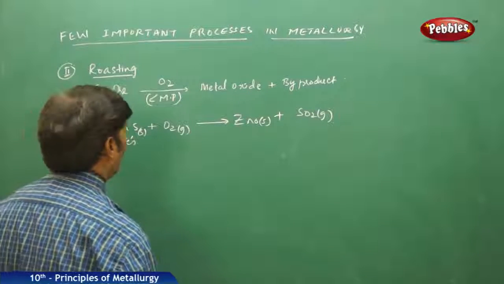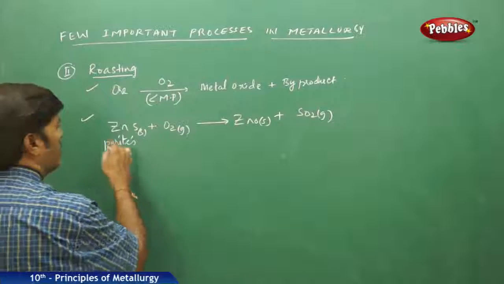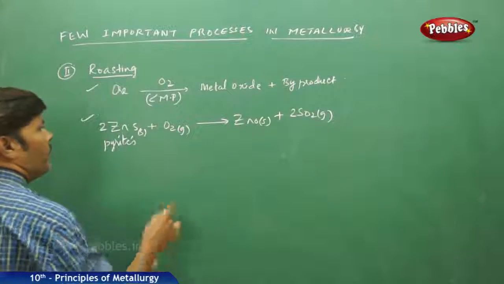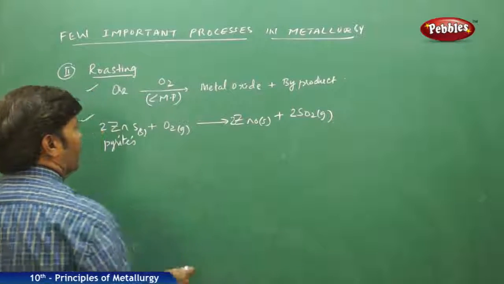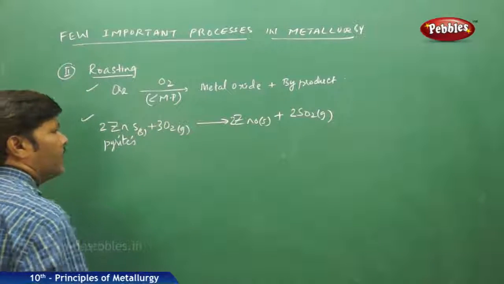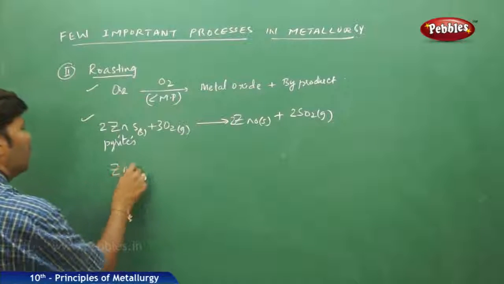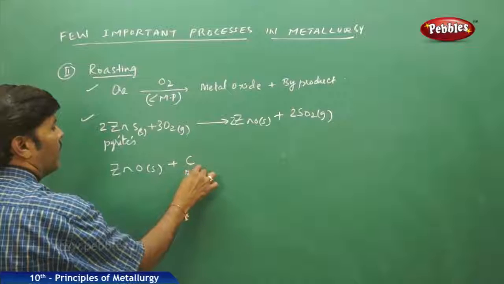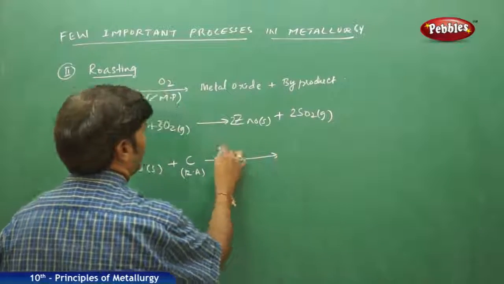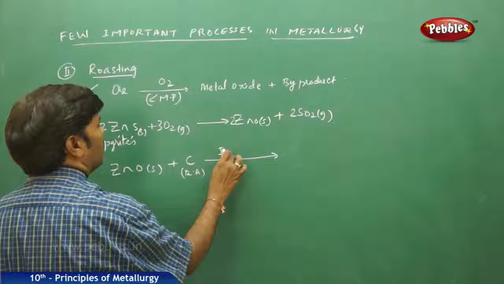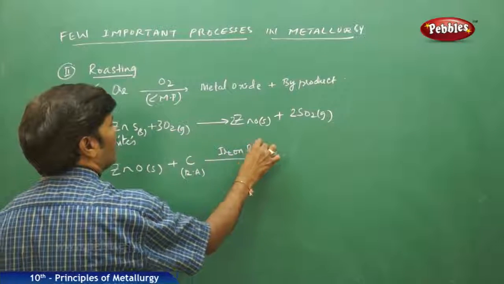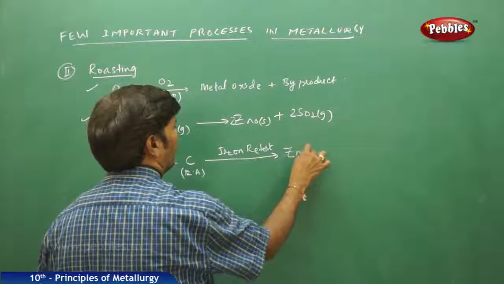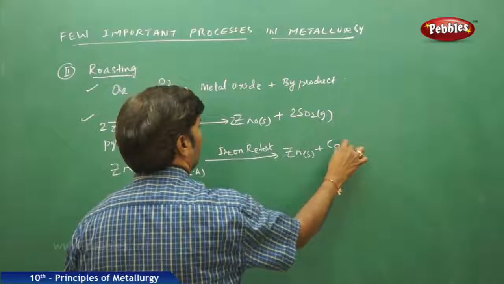So if you want to balance the equation, then I think if I take 2 over here, and 2 over here, then the rest of the reaction automatically gets balanced. Take this zinc oxide solid, which we call zincite, and treat it with carbon acting as reducing agent in an iron retort. The zinc oxide gets converted to molten zinc plus carbon monoxide gas.